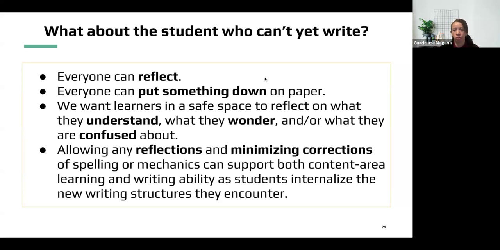So we focus on, you did great, this is how much you can write, this is a complete sentence, tell me more about this, what you're trying to say here, elaborate on those ideas, rather than focusing on the errors, because we want to motivate them. So the spelling and the mechanics, we should worry about it, but later on. So let them express themselves in the writing, and then we'll focus on that.